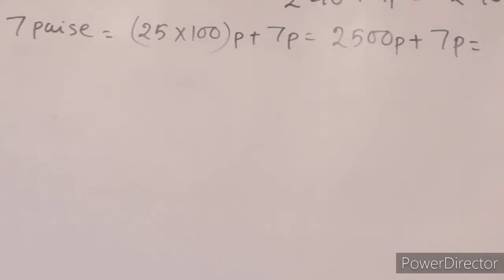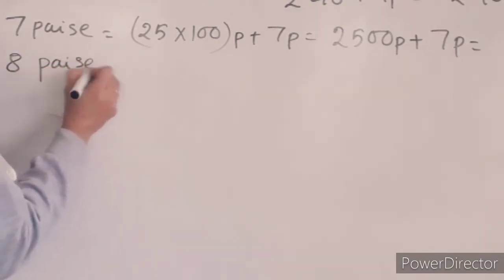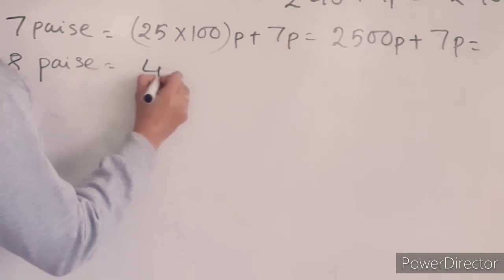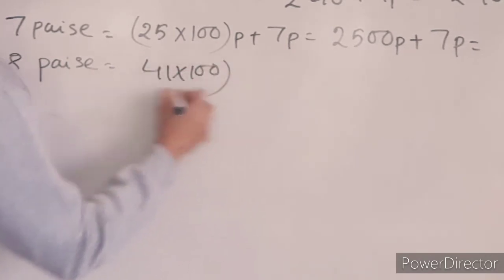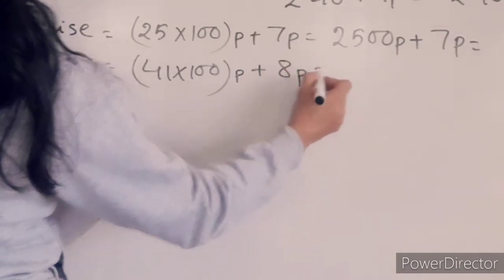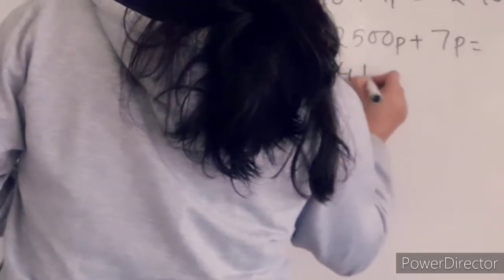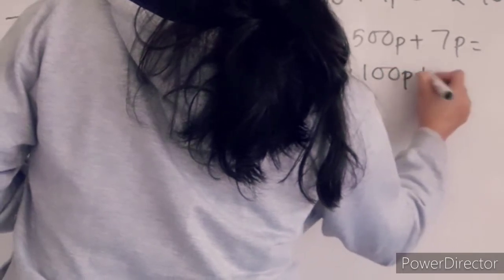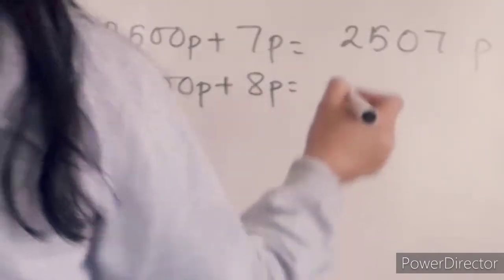Now 41 rupees 8 paise equals 41 into 100 paise plus 8 paise equals 4100 paise plus 8 paise equals 4108 paise.